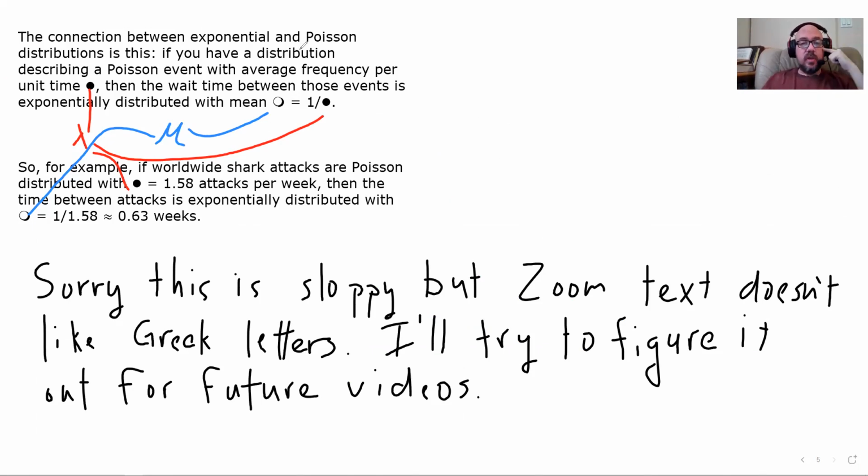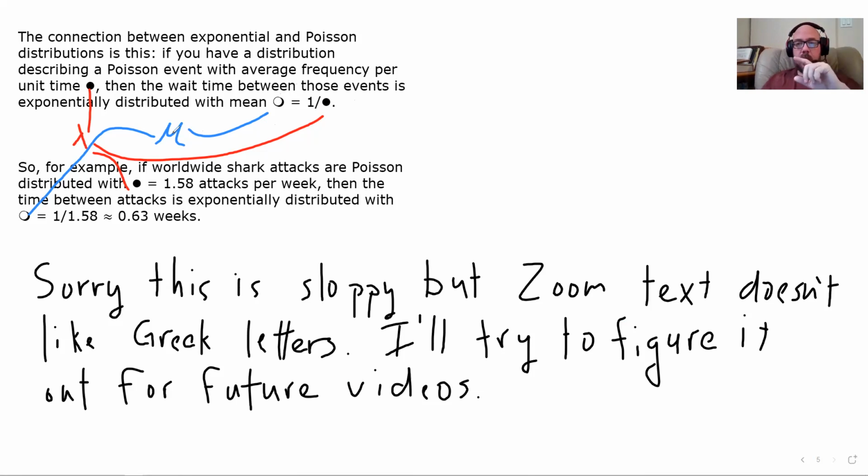So here's the connection between exponential and Poisson distributions. If you have a Poisson event with an average frequency per unit time of lambda, then the wait time between those events is exponentially distributed, and it has a mean of 1 over lambda. So mu equals 1 over lambda. And of course, m would be 1 over mu, which is just lambda.